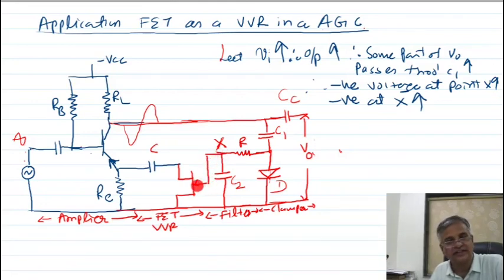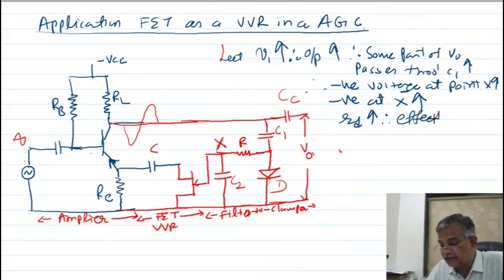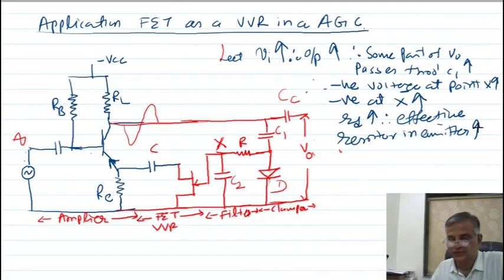As the negative voltage at X increases, the drain resistance offered by the transistor increases. So the effective resistor in the emitter increases. Therefore, the negative feedback to transistor Q1 also increases.